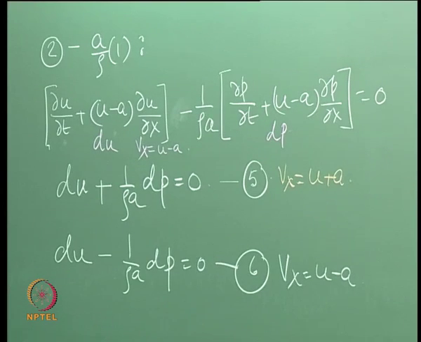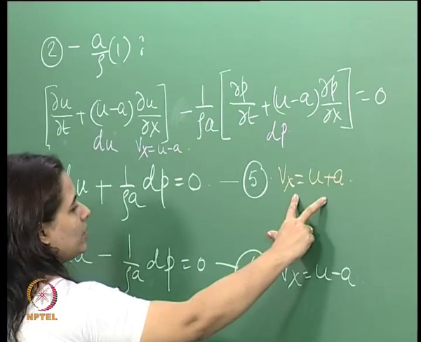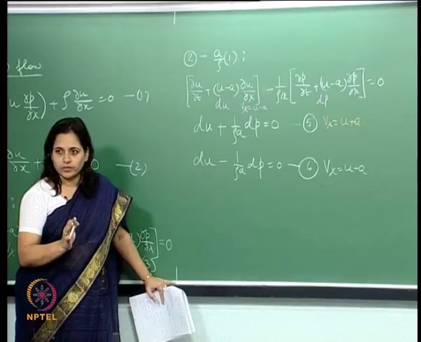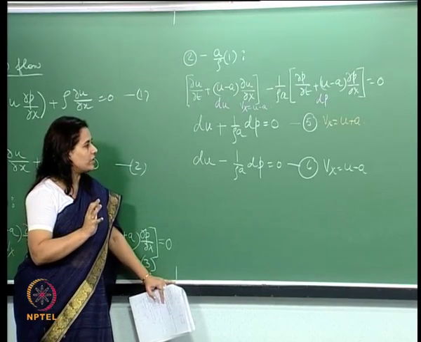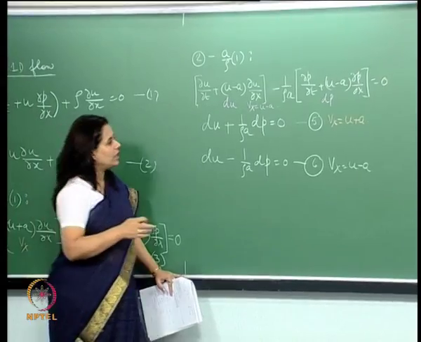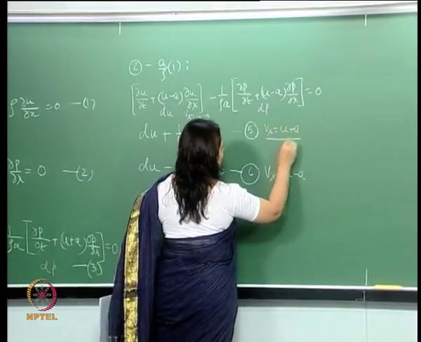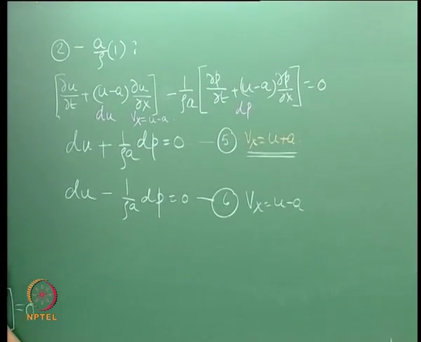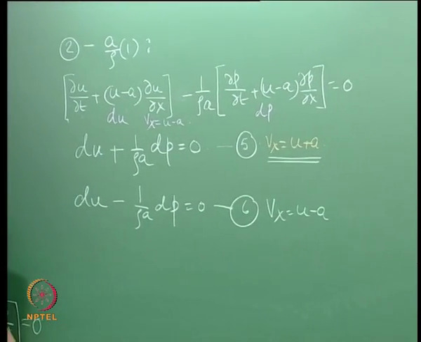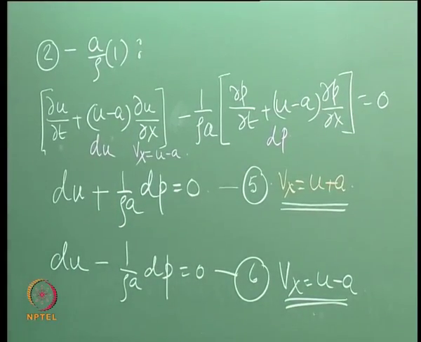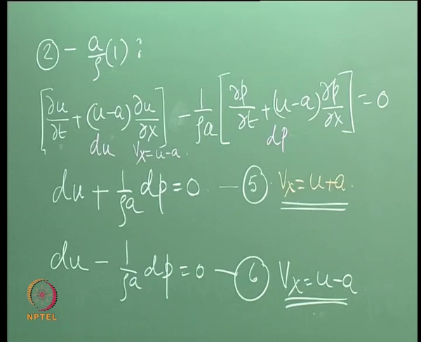So what does this exactly mean? If you have a Mach wave, and the particle is moving in the direction of the Mach wave, then you have this equation, right? And if it is moving in the direction opposite to the Mach wave, then you have this. So that's what this equation essentially means.